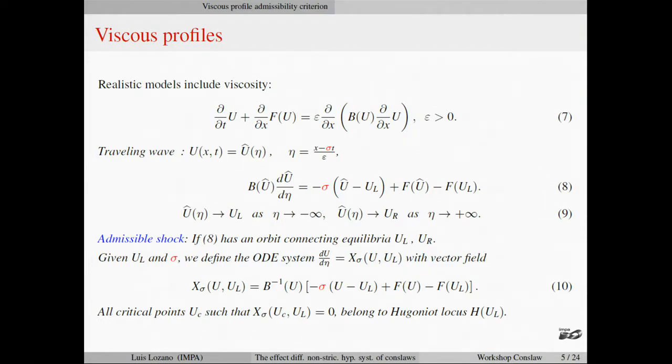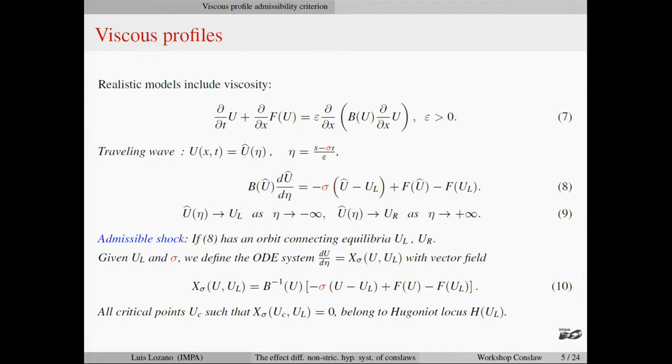We say that we have an admissible shock between the left state and the right state if there is an orbit connecting both.